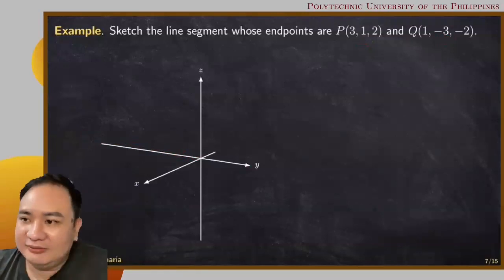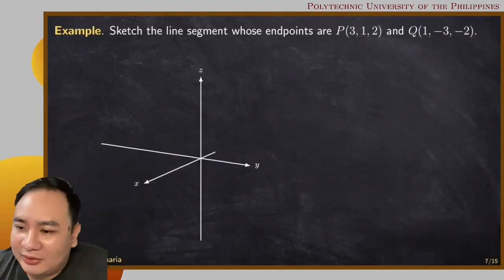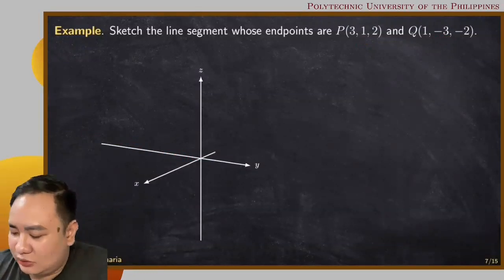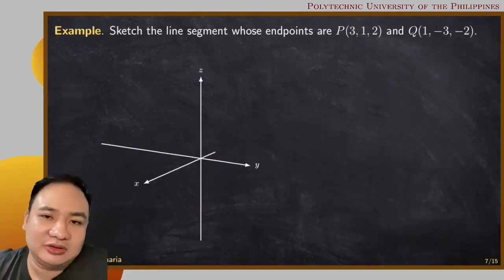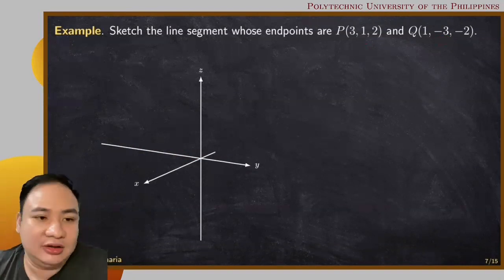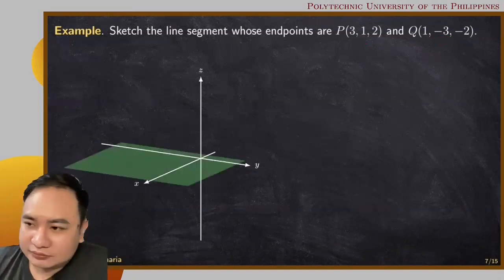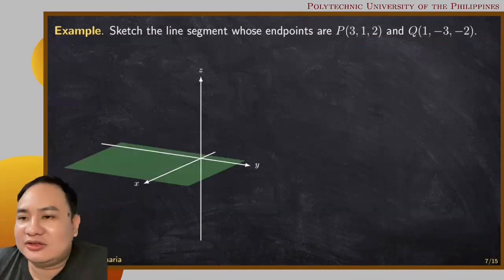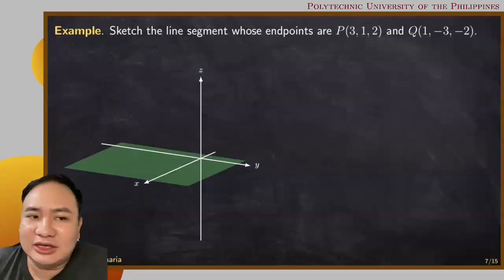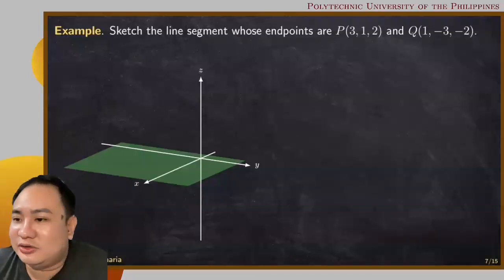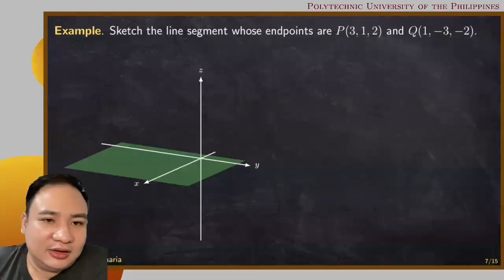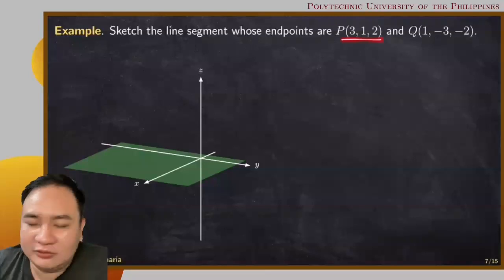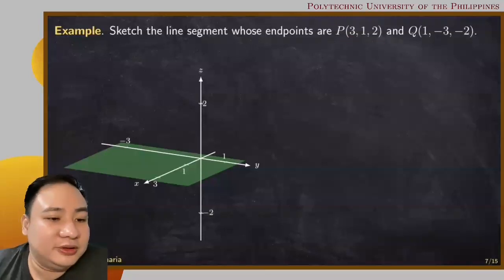At sa z, 2 at negative 2 up and down to. So, I need to show both the negative and the positive side of z. Just like here. And then, ito for aesthetics lang. Shinadan ko yung XY plane para meron kayong reference kung nasan yung sahig, ground zero. Okay? And then, lalocate natin muna yung 3, 1, 2, which is P.